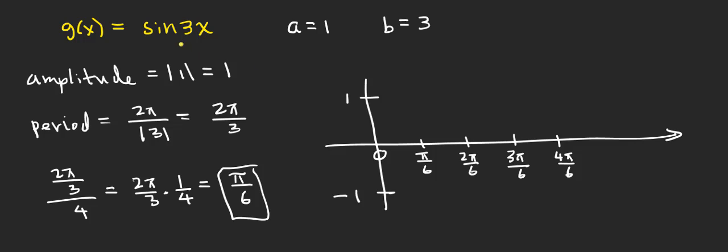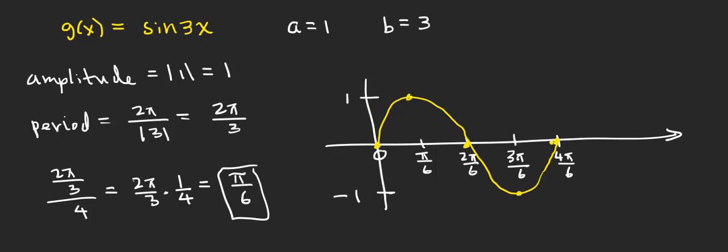And this is a sine, so you want to start from the middle, go up, back to middle, go down, back to middle. And you draw a smooth curve to draw sine of 3x. And that is one cycle. This is one cycle of sine of 3x.